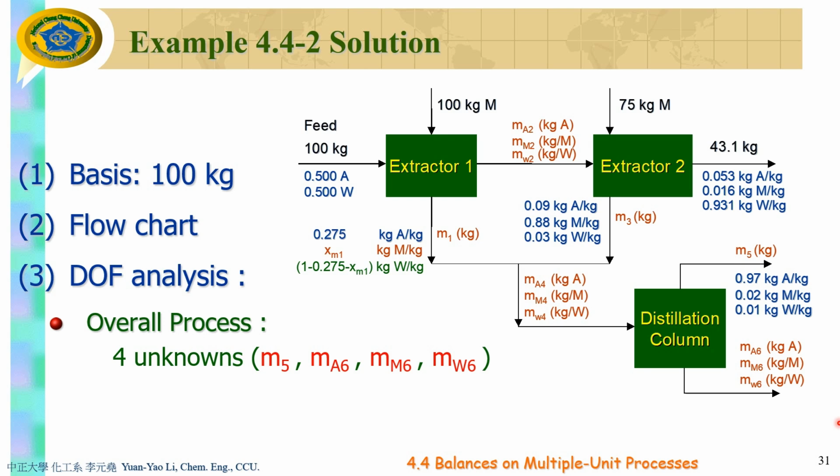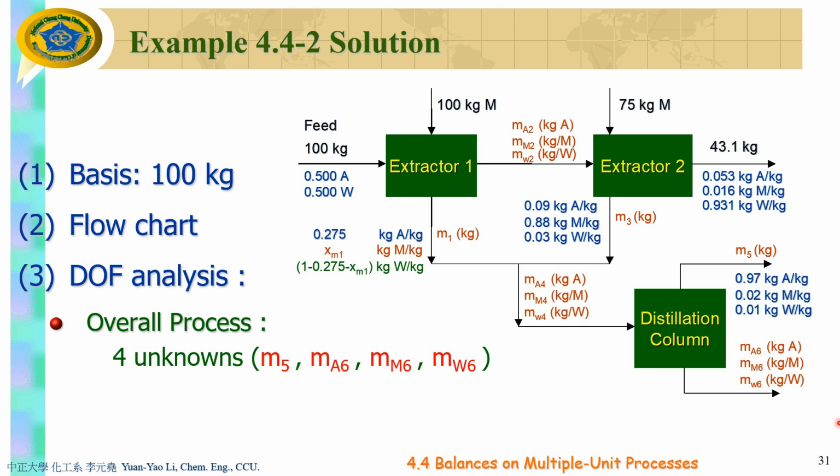You can do input equal to output: water input equal to water output, acetone input equal to acetone output, and then MIBK input equal to MIBK output. So you have 3 species, you can create 3 equations. Okay, this is the first direction.